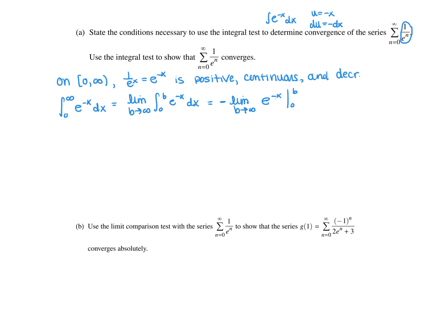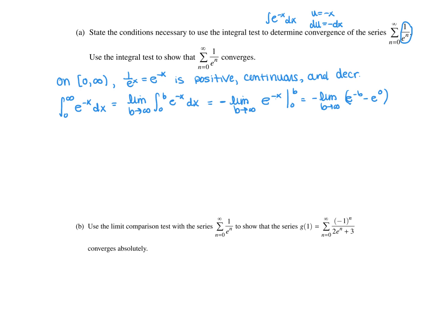And now plugging in our endpoints, we get minus the limit as b goes to infinity, e to the negative b minus e to the 0.